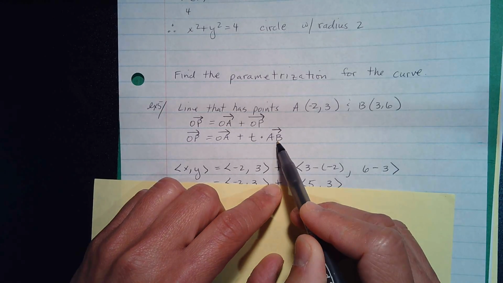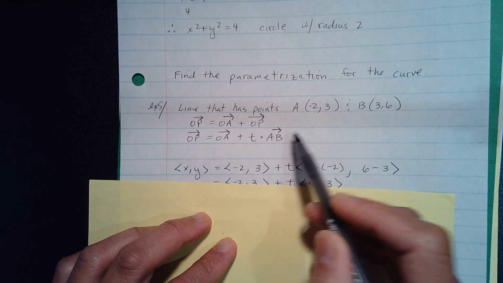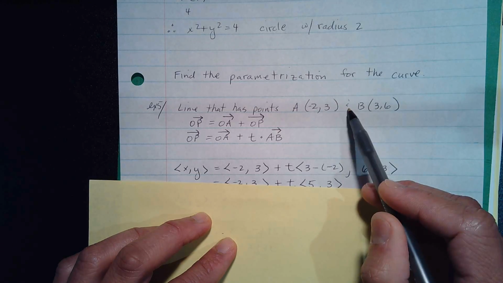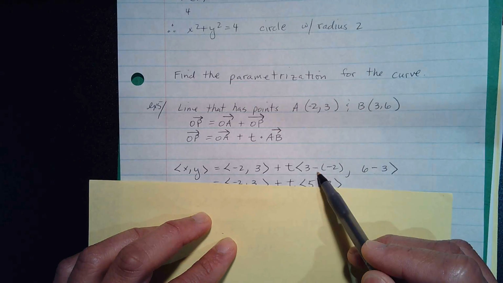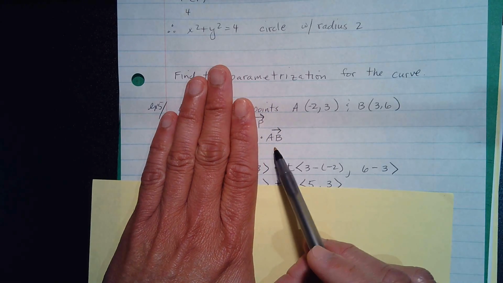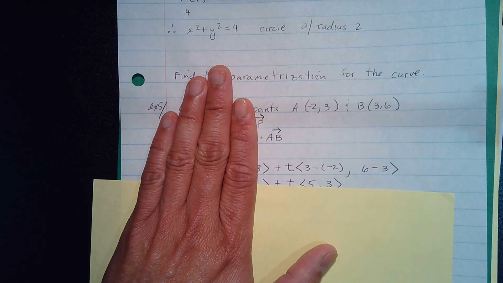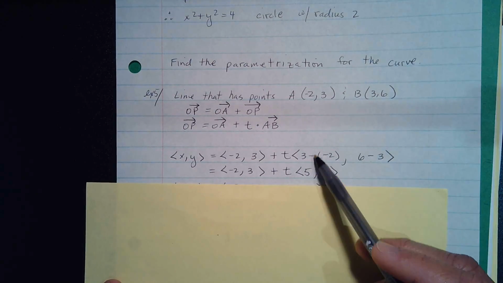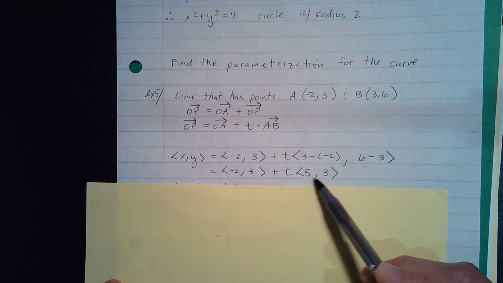Again, we did this AB in the last lesson. So after we simplify it, AB is 5, 3.